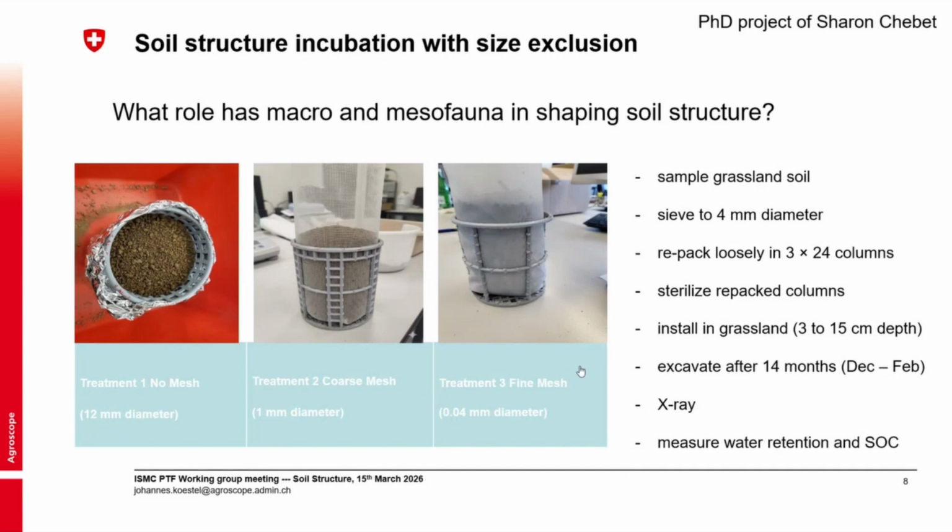And in the fine mesh treatment, we would exclude all meso- and macrofauna and only have basically microbes, fungi, maybe some nematodes, and no roots as well.